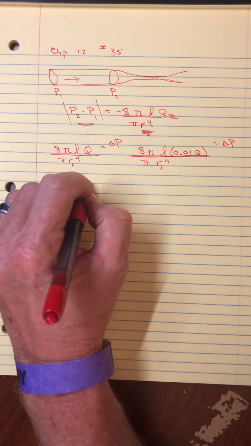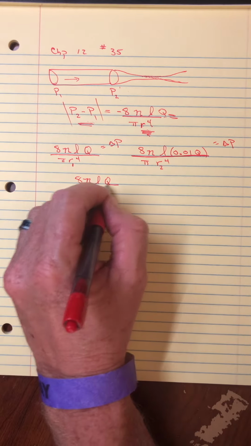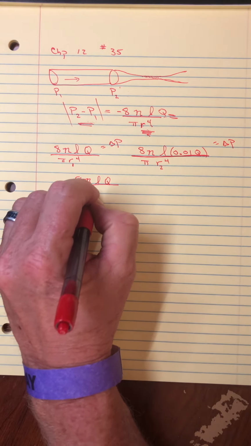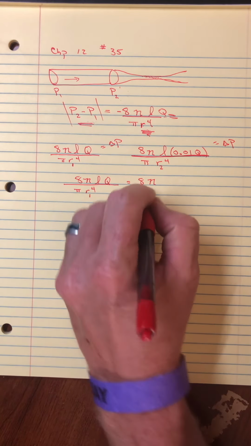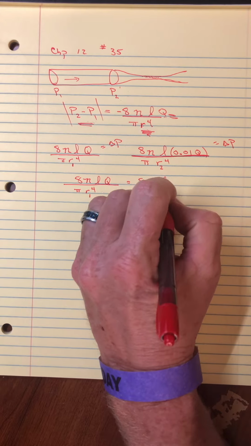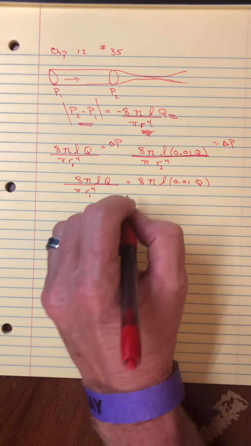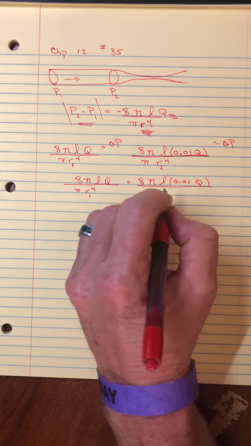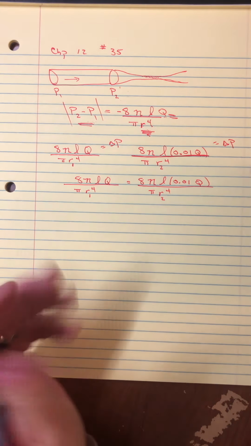So 8 eta L Q before the contraction, pi R1 to the fourth, must equal 8 eta, and remember eta is the viscosity, times the length, times then 1% of the original flow rate over a pi times R2 to the fourth, after it's constricted here.